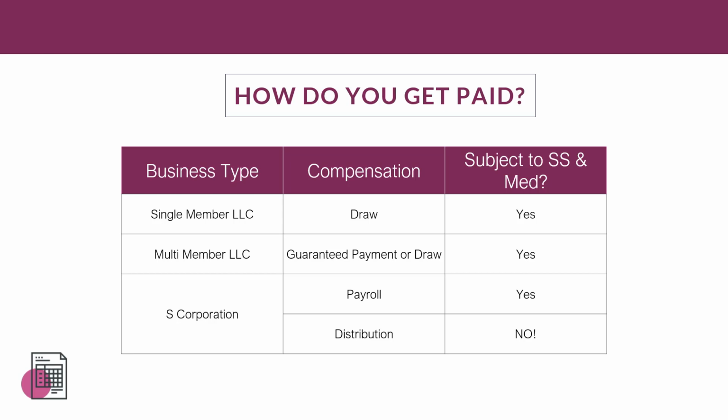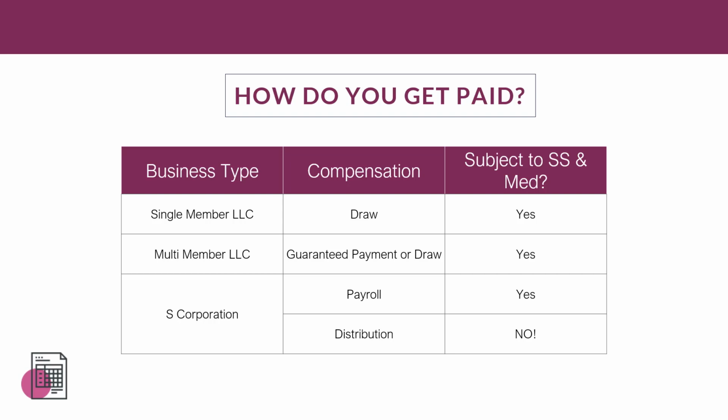So, if an owner of an S Corp takes money out of the S Corporation as a wage, that wage is subject to that Social Security and Medicare tax. However, the secret about S corporations is that you don't have to take all of your compensation out as payroll. You are also able to take out owner's distributions. These distributions are taken just like a draw and are not subject to that extra 15% Social Security and Medicare tax. Therein lies the opportunity to save taxes.